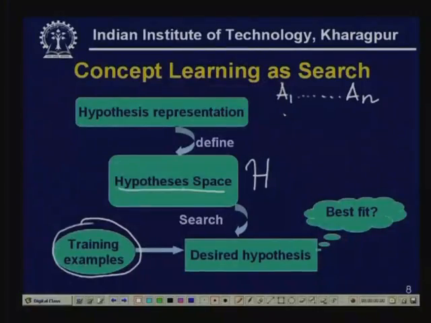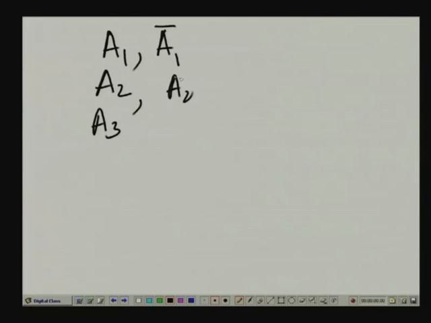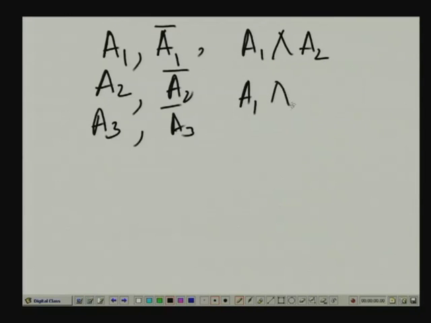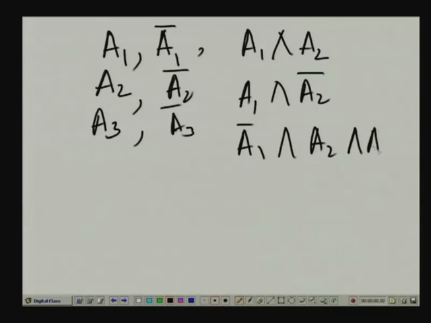Suppose that we have three features A1, A2, A3, then what are the possible hypotheses? A1 is a possible hypothesis, A2 is a possible hypothesis, A3 is a possible hypothesis, A1 bar is a hypothesis, A2 bar is a hypothesis, A3 bar is a hypothesis, A1 and A2 is a possible hypothesis, A1 and A2 bar is a hypothesis, A1 bar and A2 and A3 is a hypothesis, and so on.